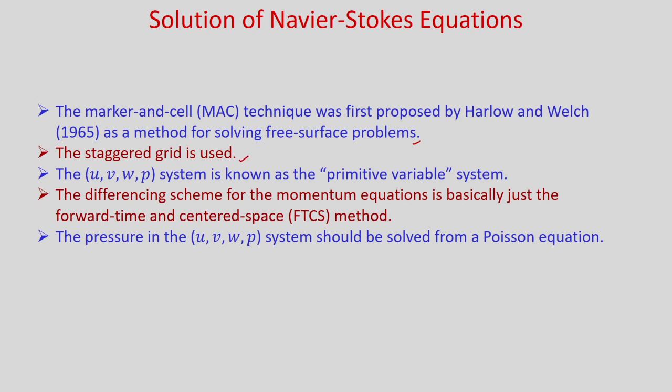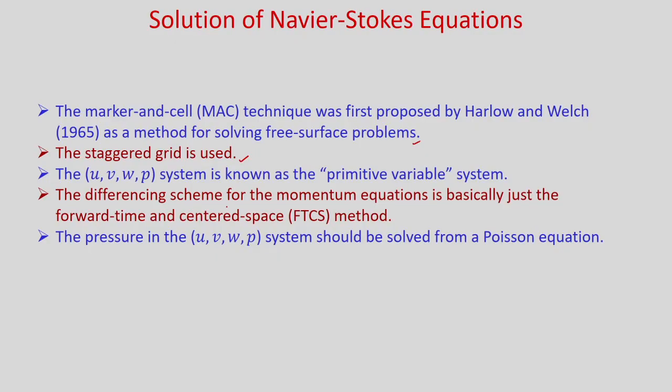You know that in staggered grid, pressure and temperature will be solved at the cell center and velocities will be solved in a staggered way. What is the advantage of using staggered grid? Because we will get a strong coupling between pressure and velocity.